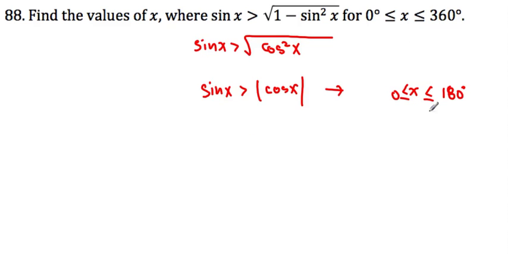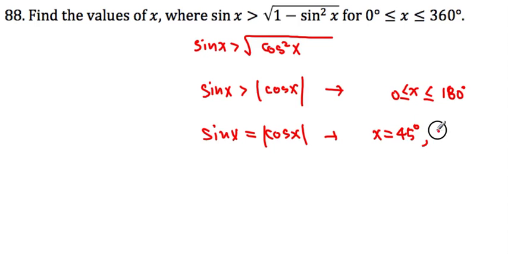Now, knowing that within that domain, when do you realize sine of x is in fact equal to cosine of x with the absolute value? This tells us that that is true if x is equal to, let's try to use the degrees because that's what we have. X is equal to 45 degrees or 135 degrees, because in that case cosine would have been negative, but due to absolute value it becomes positive.